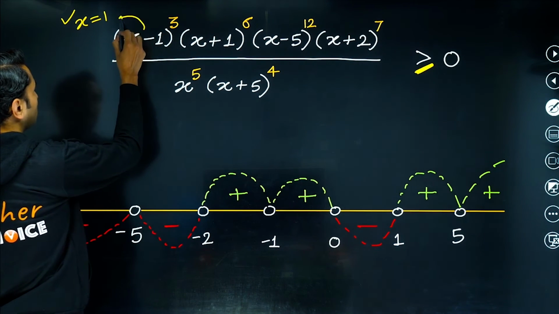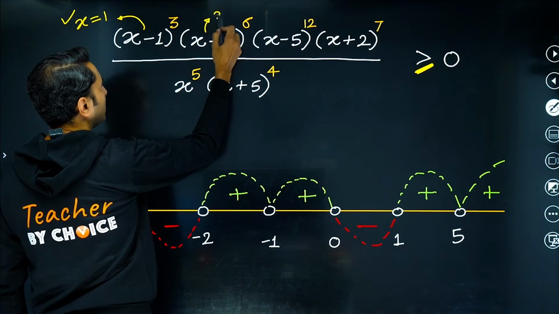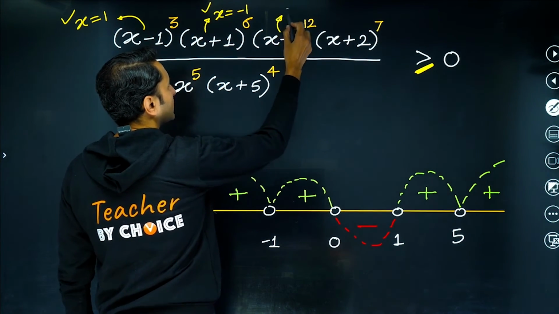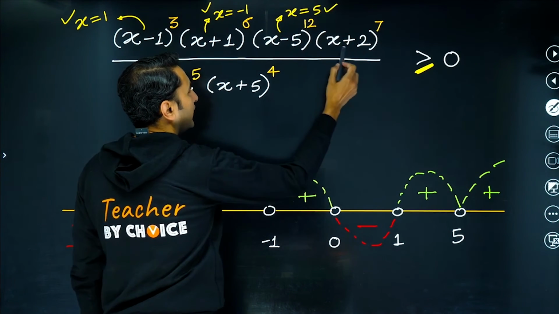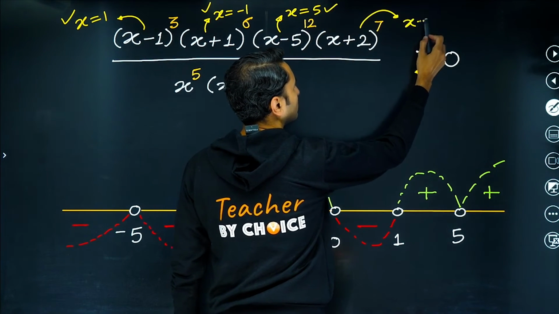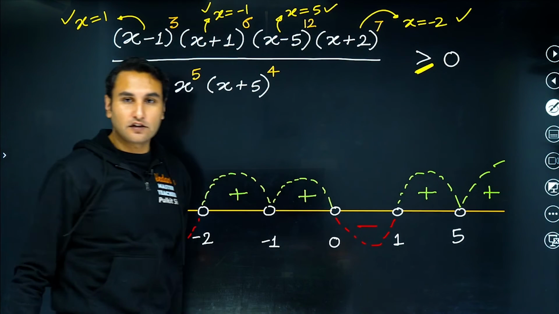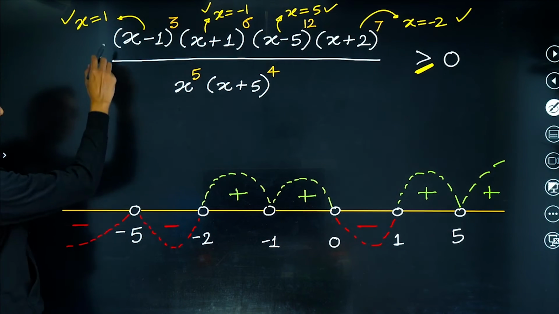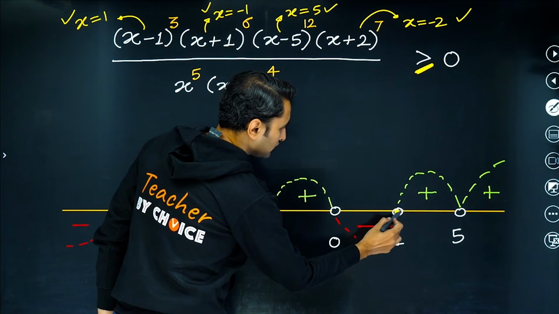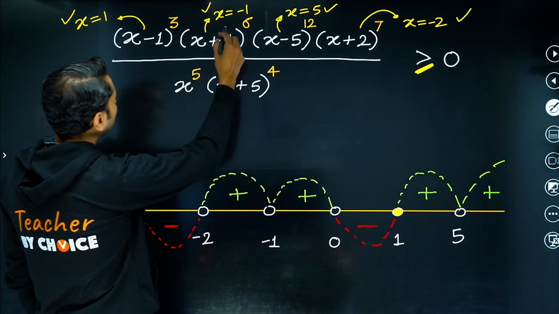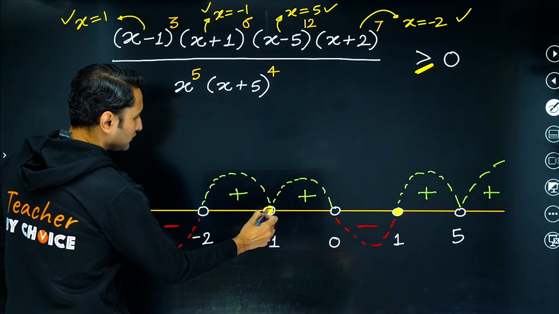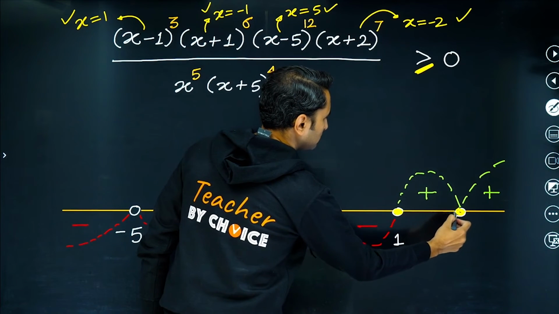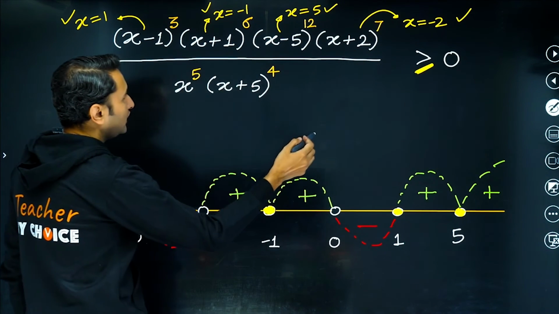So x equal to 1, yes, x equal to minus 1, yes, x equal to 5, yes, x equal to minus 2, yes. I can include all the numerator's roots. So let's fill the holes. I can fill 1, I can fill minus 1, I can fill 5, I can fill minus 2.